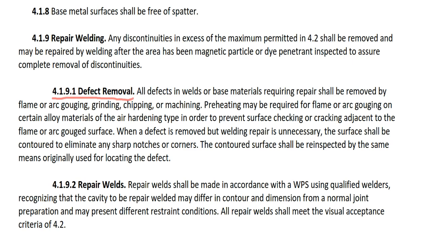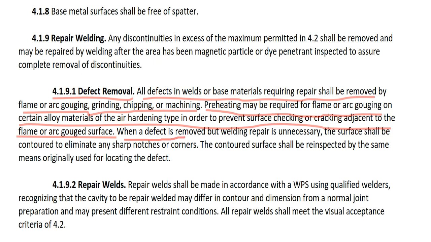4.1.9.1 Defect Removal. All defects in weld or base metals requiring repair should be removed by flame or arc gouging, grinding, chipping, or machining. Preheating may be required for flame or arc gouging on certain alloy materials of the air hardening type in order to prevent surface checking or cracking adjacent to the flame or arc gouged surface.